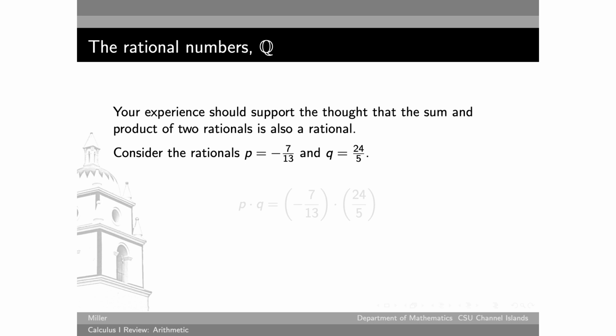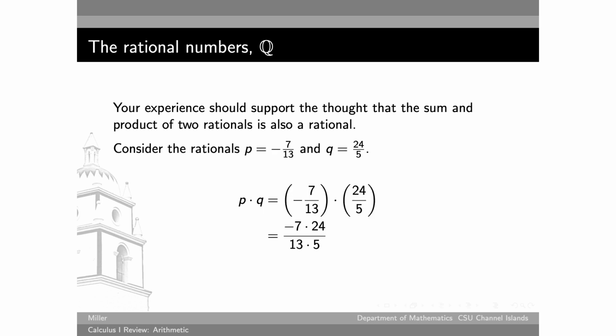But let's work through this with an example so we make sure that we're all on the same page. So here's the number p, negative 7 over 13, that's a rational number. And another number, q, 24 over 5, that's also a rational number. So let's look at their product. P times q, so here I wrote p times q, negative 7 over 13 times 24 over 5. And rewrote that using the rules for multiplying rational numbers.